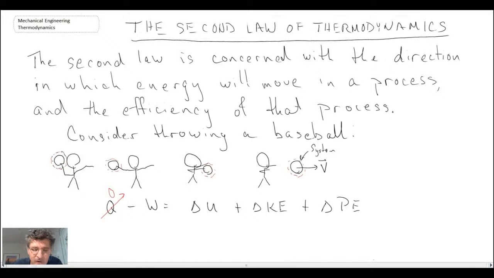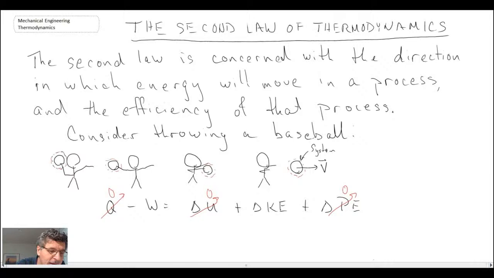Well, if the temperature of the ball doesn't change that much, we can say no. And let's assume that the ball has just left our hands and is moving through the fluid, the air that we've thrown it through, and consequently the change in potential energy we'll neglect for the initial stages of the ball moving.